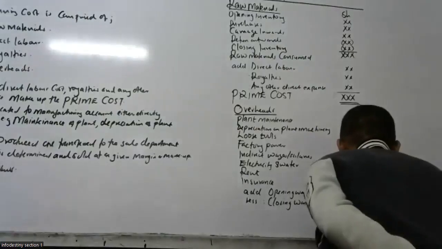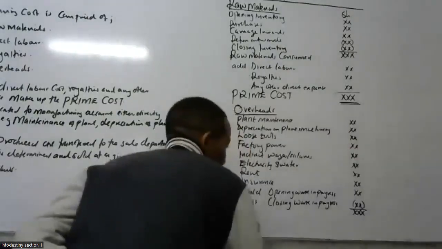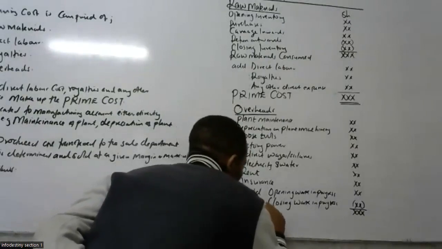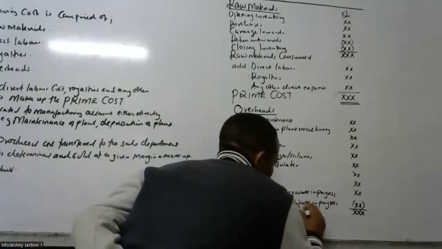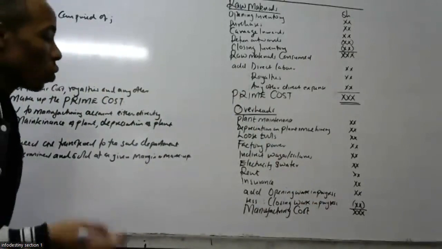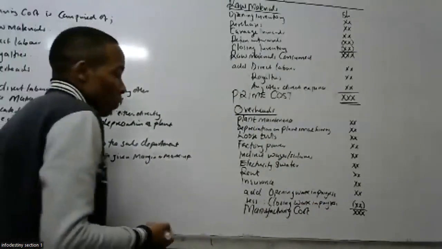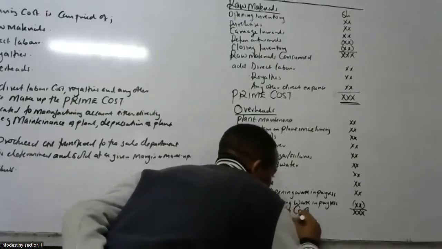What we get here is the manufacturing cost. If those goods have been sold at a profit, that means you add the manufacturing profit.